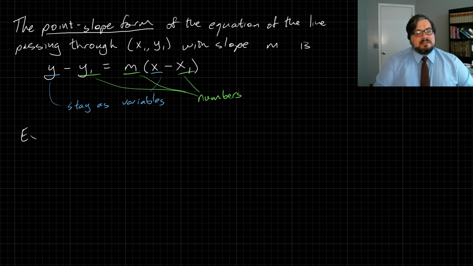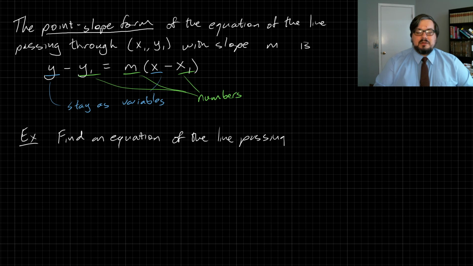So let's take an example. Let's find an equation of the line passing through the point 1, 2 with slope negative 5.